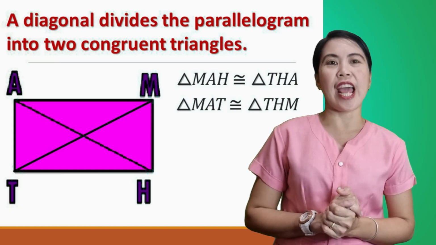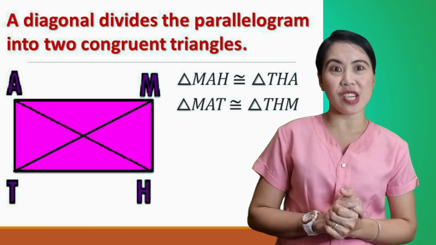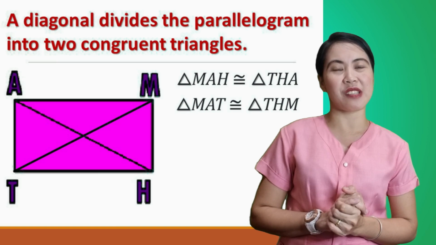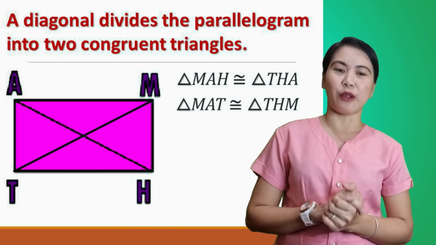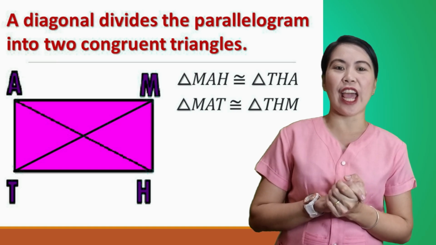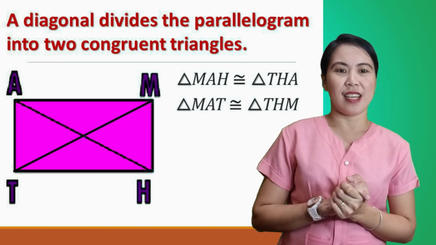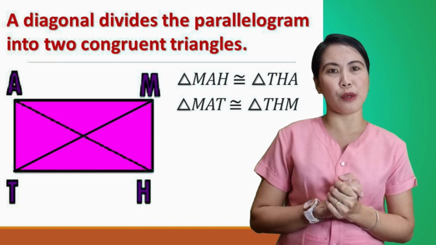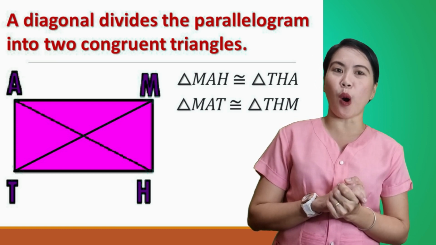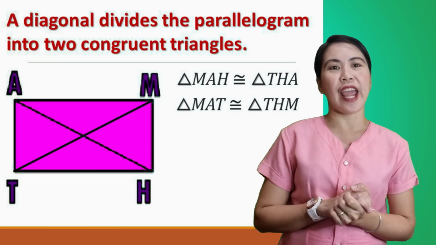So, triangle MAH is congruent to triangle THA. Or it can also be said that triangle MAT is congruent to triangle THM if we draw diagonal MT.